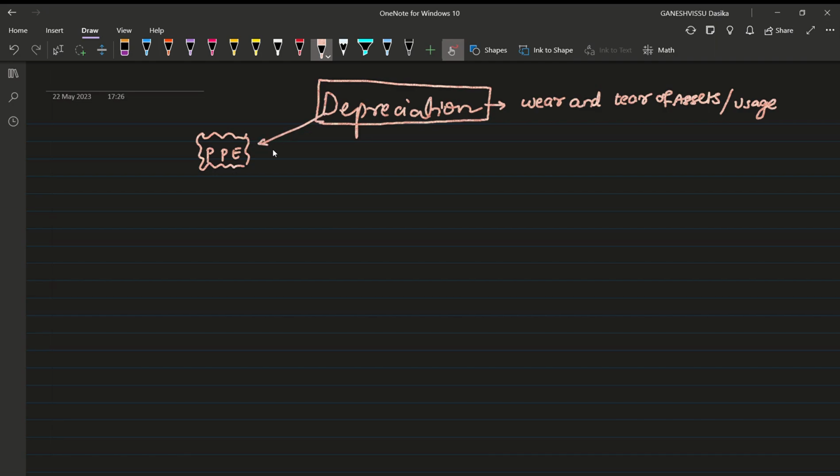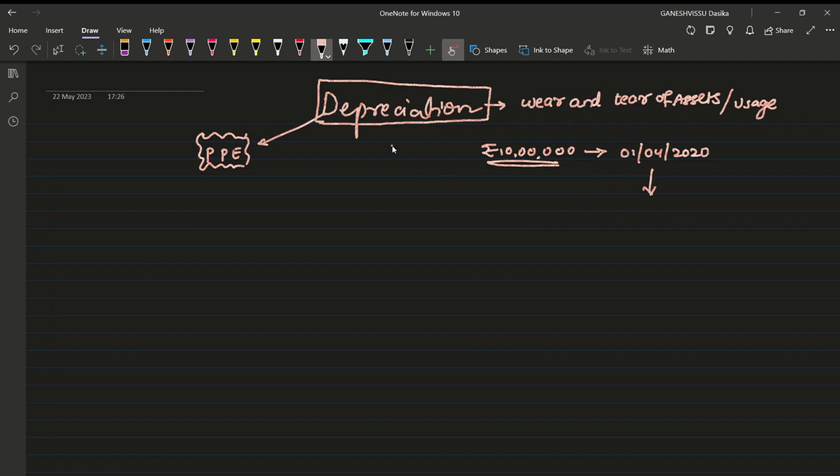How can we explain this simply? Let us take a value of property, plant and equipment of 10 lakh rupees. It has been purchased on 1st April 2020. When it has been purchased on 1/4/2020 for rupees 10 lakhs, we want to find out the value of this machine.